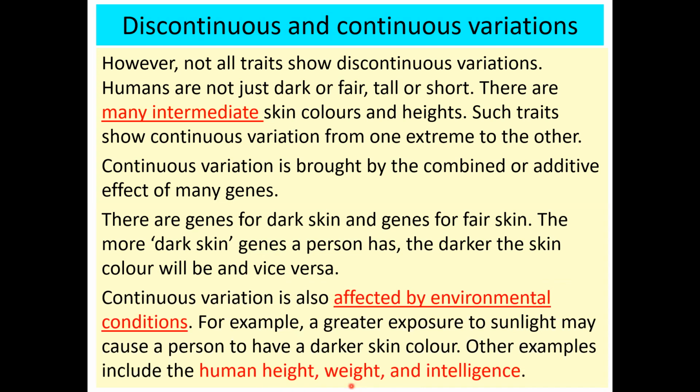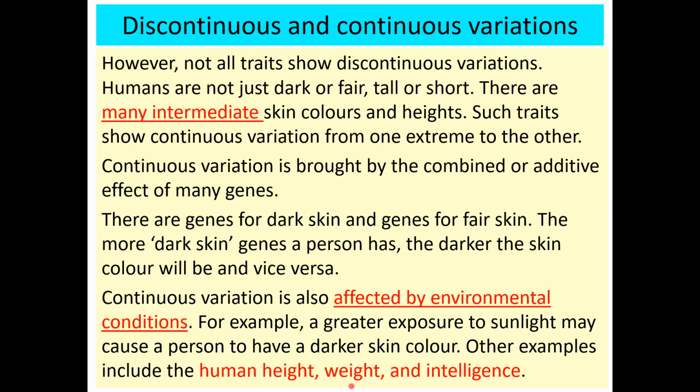Weight is also an example of continuous variation. Everyone in your home will have a different weight. Like if my weight is 71, my daughter has a weight of 42, my son has a weight of 52, my husband has a weight of 79 point something. So weight is also different among the population, even within the family.